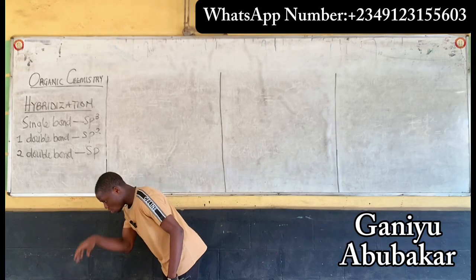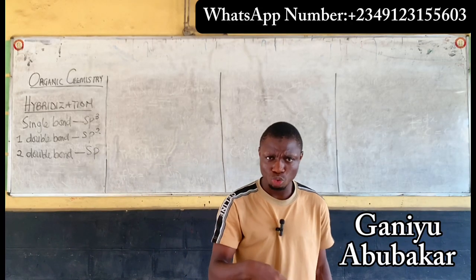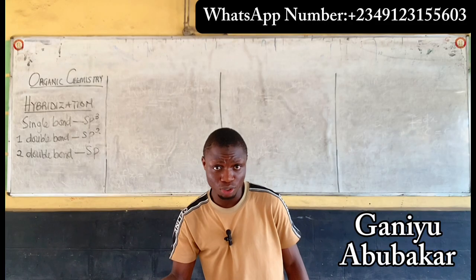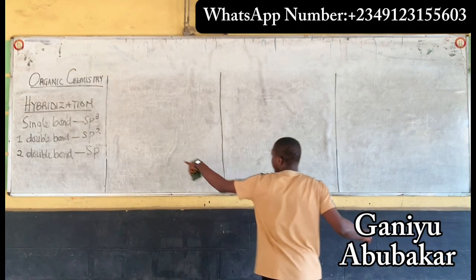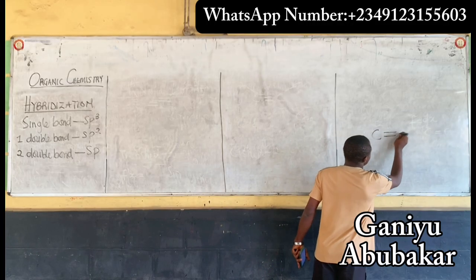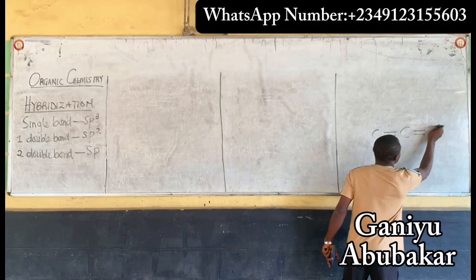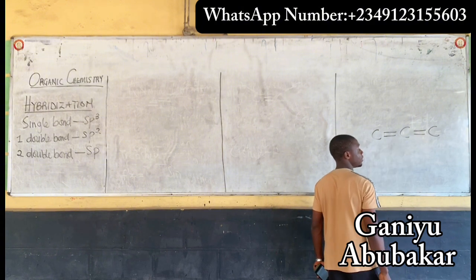Now hold on. Is it possible for a carbon to have two double bonds? Yes, it's possible. How? Let's explain the two double bond concept. If I have a carbon this way, this carbon is having two double bonds. It's possible, right?